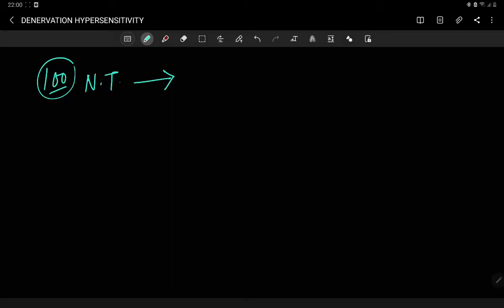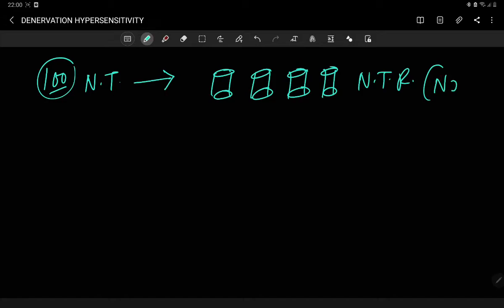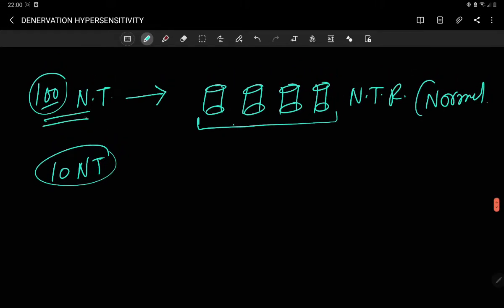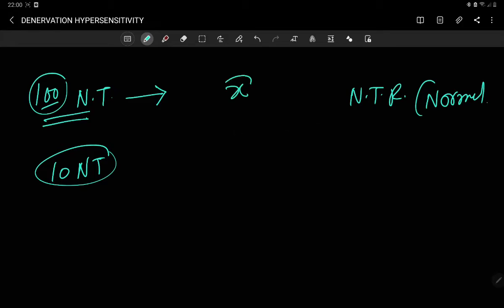Only 100 neurotransmitter molecules could stimulate the neurotransmitter receptors initially. Now the same number of receptors are stimulated by 10 neurotransmitter molecules. So initially 100 neurotransmitter causing X number of receptor activation, they stimulate X number of neurotransmitter receptors present on the postsynaptic membrane.